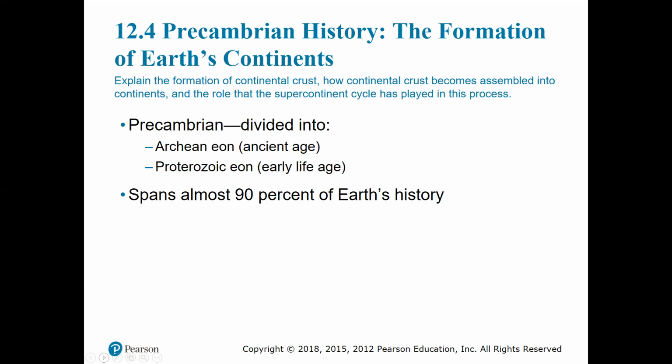But then we looked at the idea of unconformities, where we know that erosion took place. So if we look at the Precambrian time, there's so many missing pieces because of erosion and the lack of fossils. So it's really difficult to determine everything that happened during the Precambrian because there is no record of it at all.